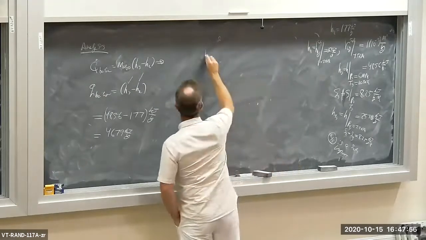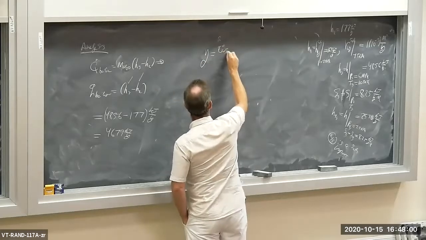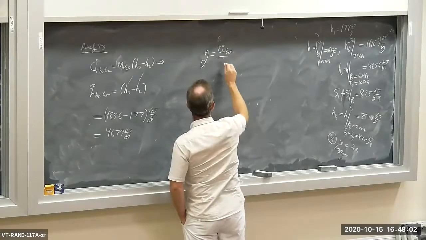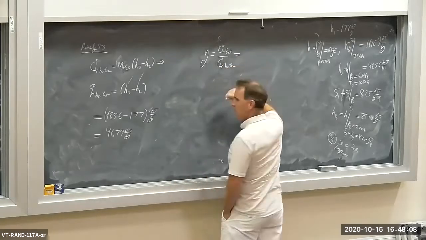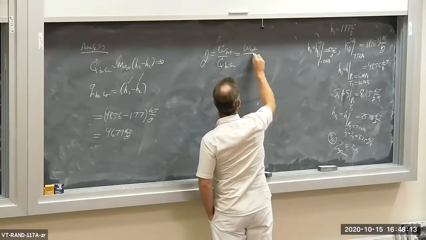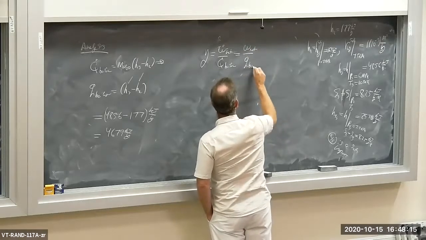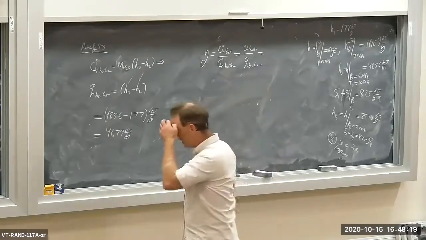The efficiency of my cycle is equal to the net power divided by the rate of heat addition in the boiler. Dividing through by the mass flow, which is the same through the cycle, I have W net over Q boiler. W net was 1939.